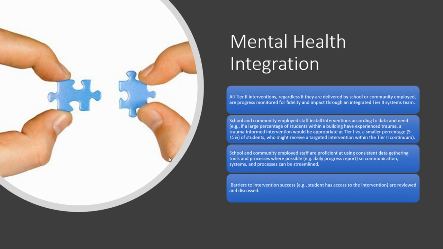School and community employed staff install interventions according to data and need. So for instance, if a large percentage of students within a building have experienced trauma, a trauma-informed intervention would be appropriate at Tier 1, versus a smaller percentage of students at Tier 2 who might receive a targeted intervention within that Tier 2 continuum. So we're knowing when a Tier 2 intervention may need to be embedded in our overall universal support.